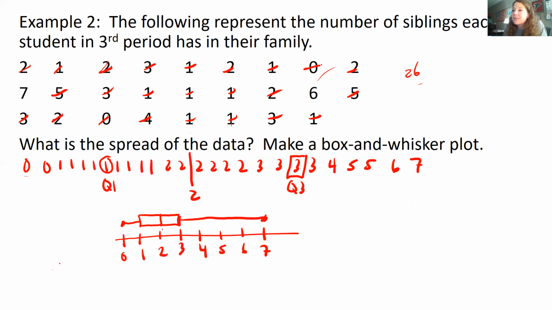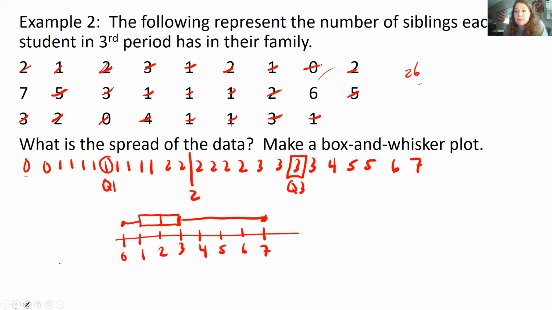From 0 to 1 there's only a 1-digit difference, and there is quite a big range between my Q3 and my maximum number. Okay, so that shows us how our data is distributed. So the middle 50% of our students have between 1 and 3 siblings.